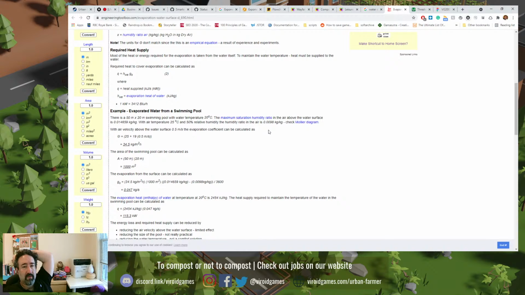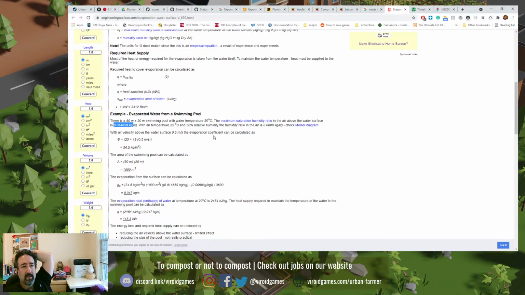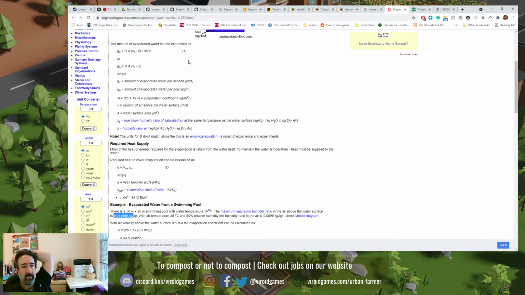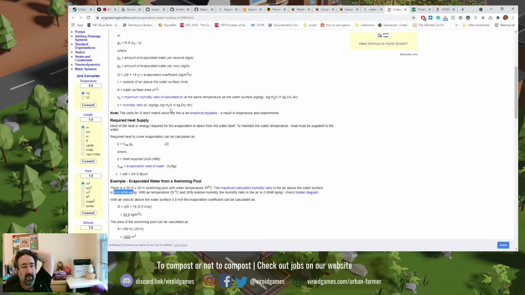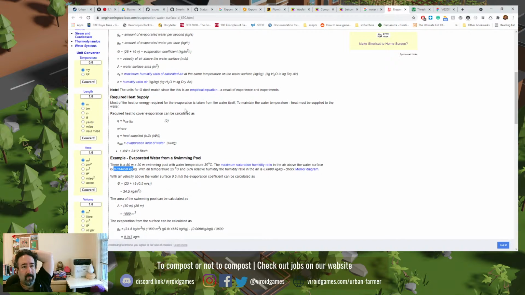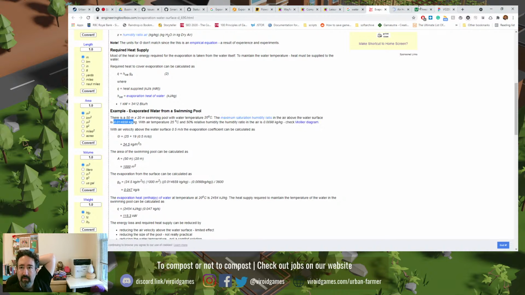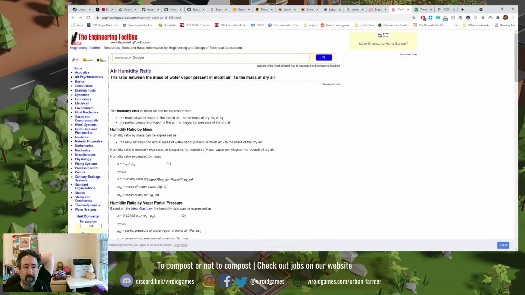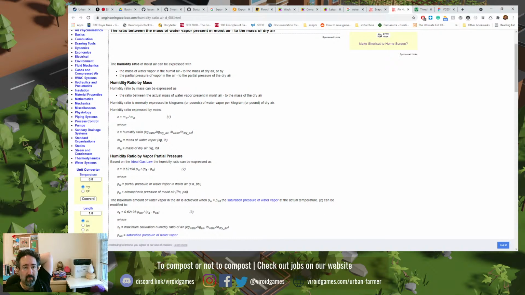Maximum saturation humidity ratio in the air above the water surface is this. I bet this number is calculated based on this. So then I cannot easily plug in the humidity value that I know. I think we could still do that. Let me go to this link. It says any bearing on temperature. It's about mass of dry air, mass of. It's massive.